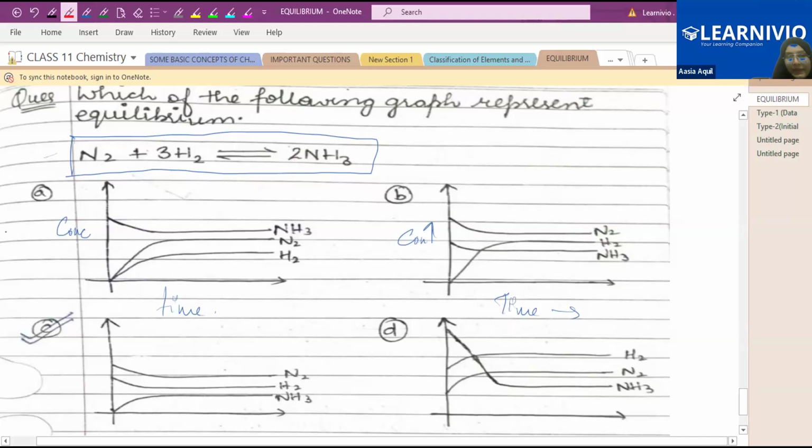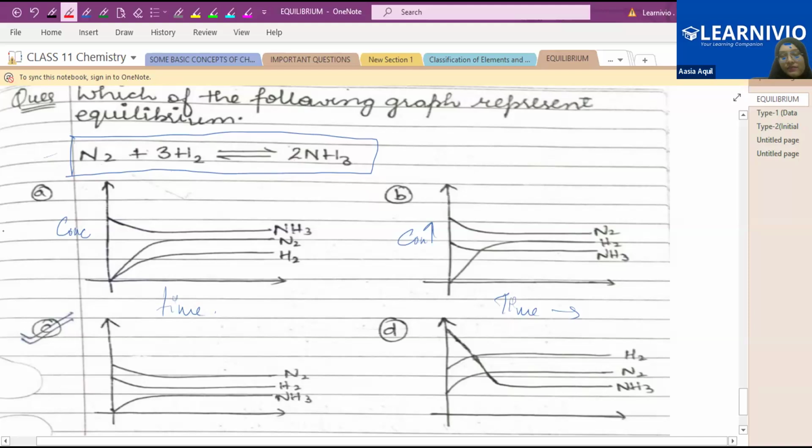Aman, tell me, is option A correct? Yes, I think it's correct. Zunaira? Yes, ma'am, I think it's correct because all the three are constant, right? So that's why. So you have to check if all the three are constant. What I said, you didn't catch my point.